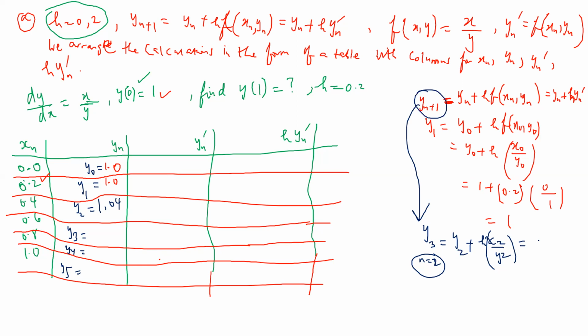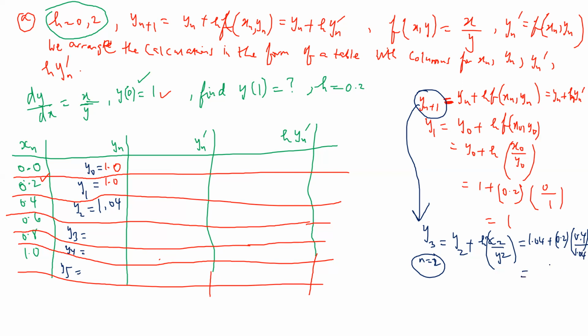What is y2? 1.04. h is 0.2. What is x2? x2 is the next one. x1 is 0.2, but x2 is the next step, which is 0.4. And y2 we got to be 1.04. And then what is the answer to this?